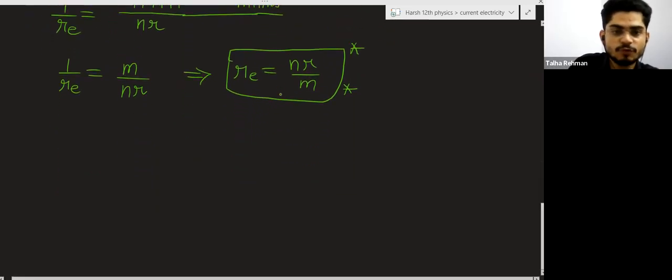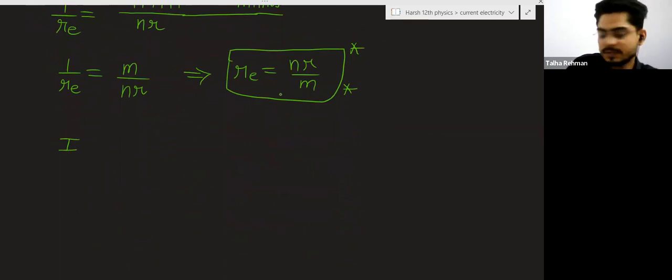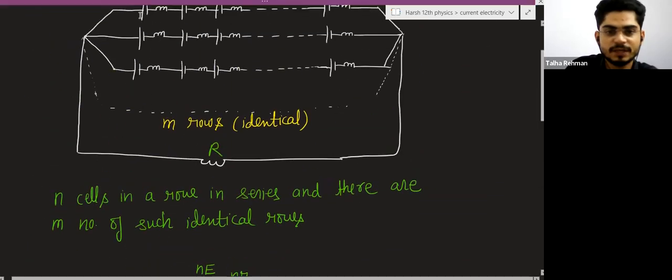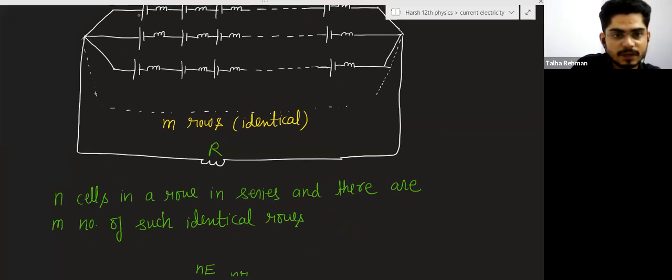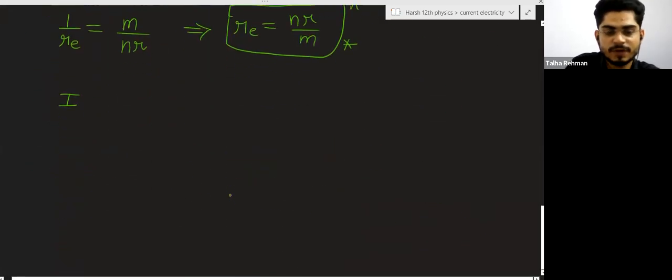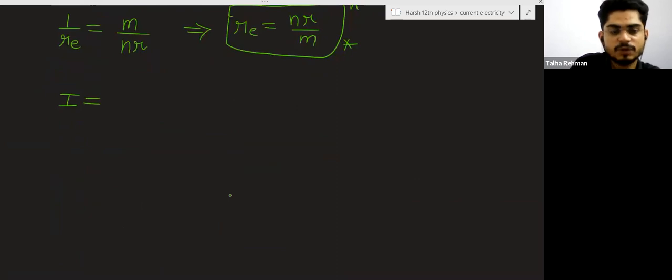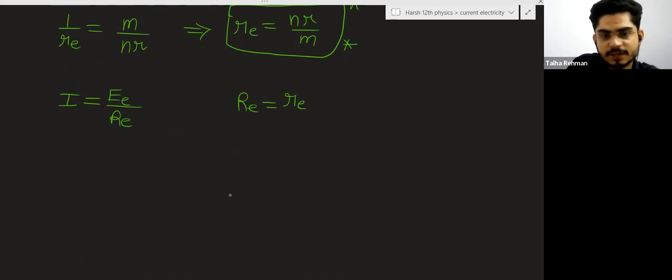If you want to find the current in the circuit, suppose the current I is flowing like this. Then you will write I is equal to E equivalent divided by R equivalent. R equivalent is the total internal resistance plus external resistance.